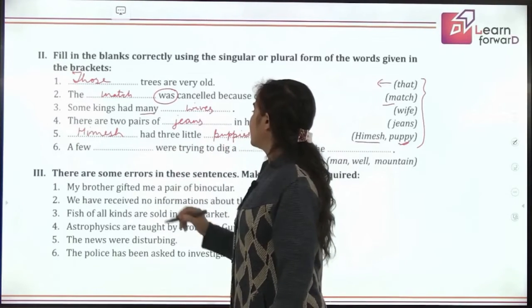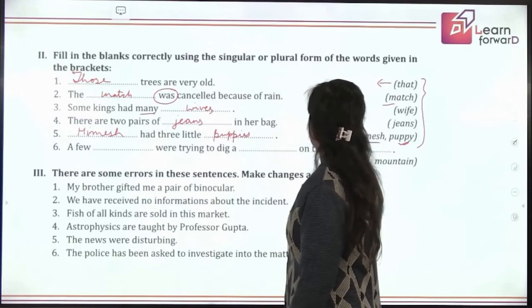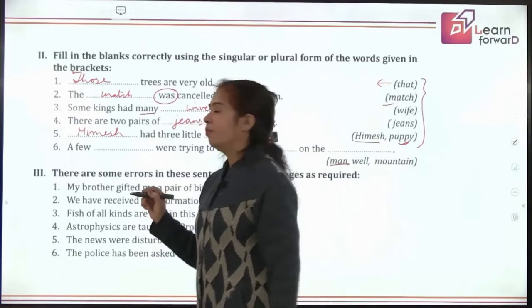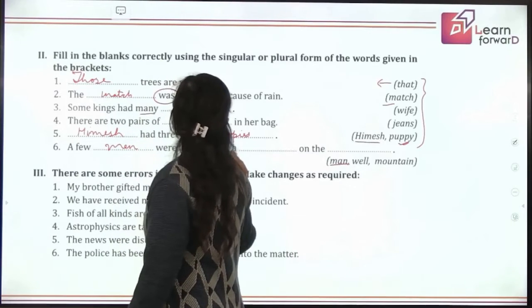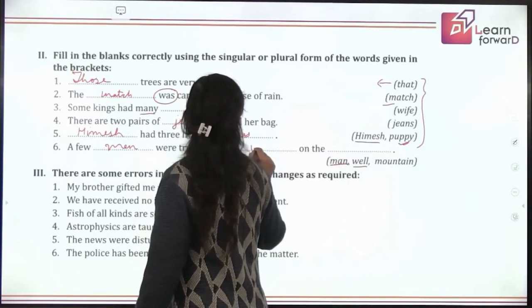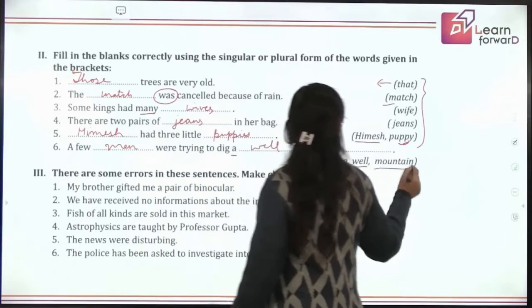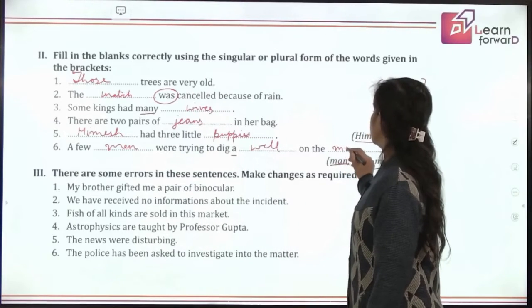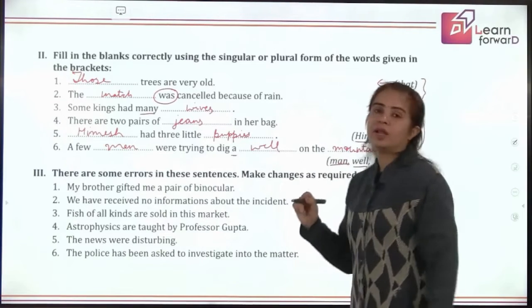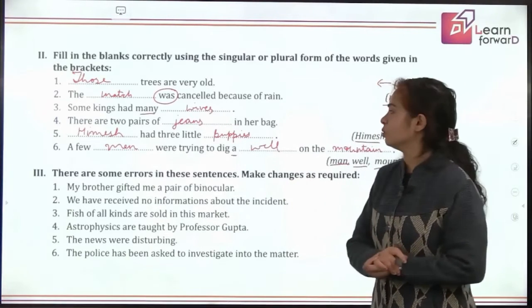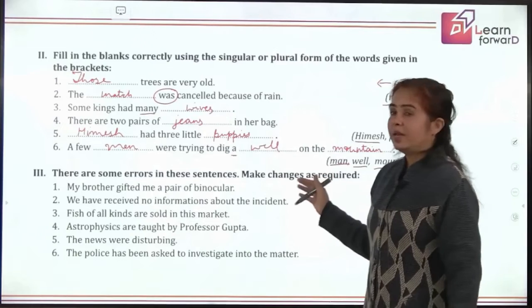A few dash were trying to dig a dash on the dash. A few men, plural of man is men, were trying to dig a, that means singular, well, on the mountain. Because if they are trying to make a singular well, it cannot be on many mountains. So just one mountain. Let's do another exercise.